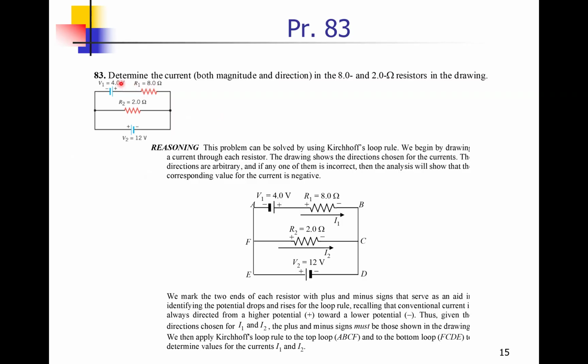Here, determine the current, both magnitude and direction, in the 8 and 2 ohm resistors in the drawing. So you are going to determine the current here.